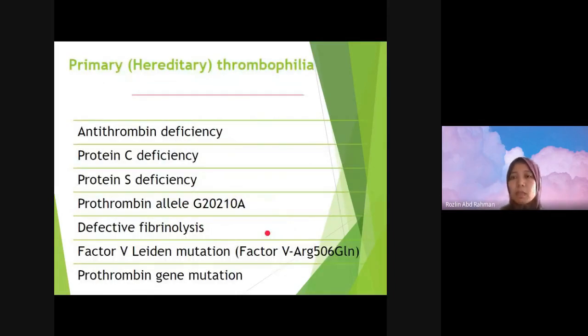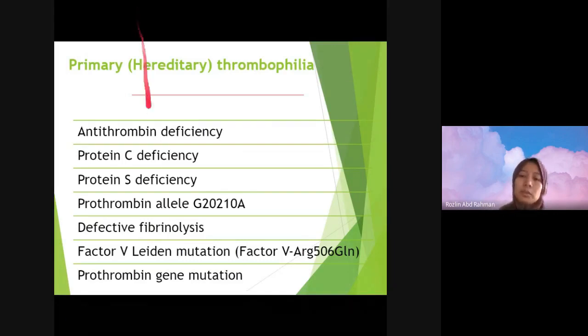Okay. Okay, so these are some of the hereditary or primary thrombophilia. Okay, hereditary thrombophilia should be suspected in patients with a history of recurrent thromboembolism, ataupun dia ada history of thrombosis at a very young age, ataupun ada family history of thrombosis.